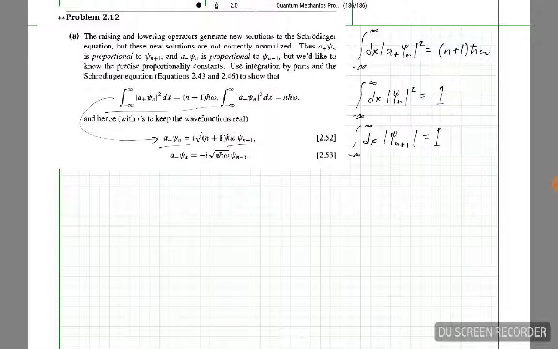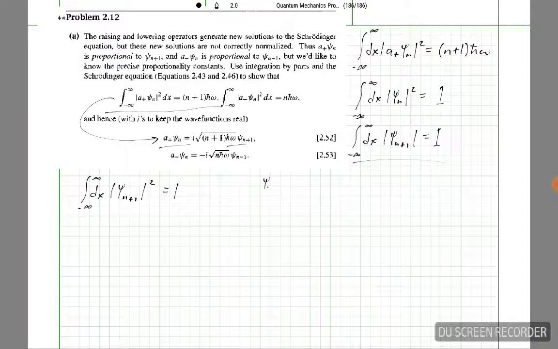But I want to see how these constants scale. So let's start with this guy. So I know that this has a normalizable solution. I know that's equal to 1. I'm going to use equation 2.50 again.